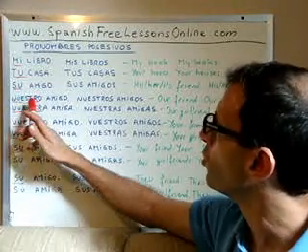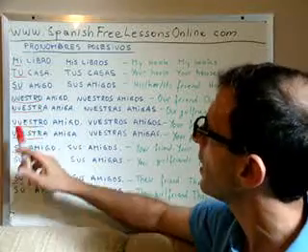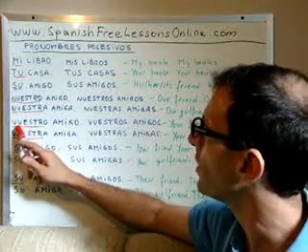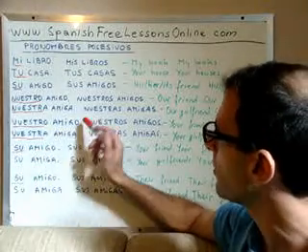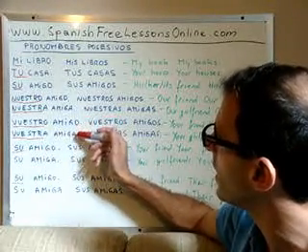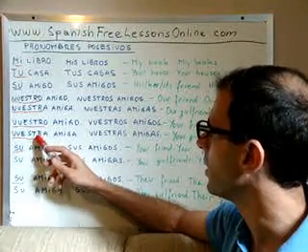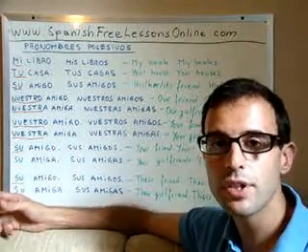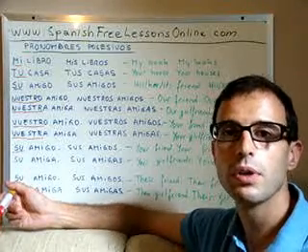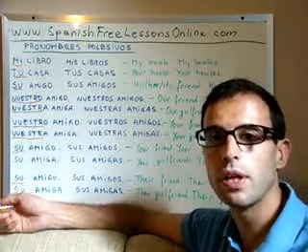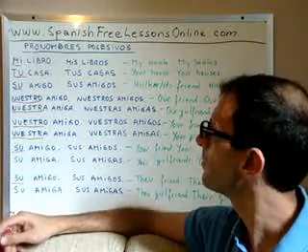So you have nuestro, nuestra for masculine and feminine, and here you have also vuestro and vuestra, depending if it's a masculine noun or a feminine noun, right? You can also add an adjective, and the adjectives in Spanish also switch into masculine and feminine, and plural and singular. Okay?